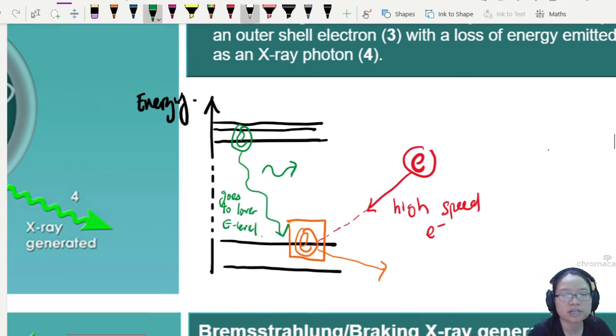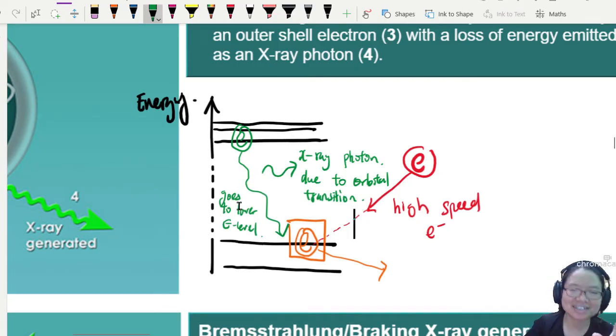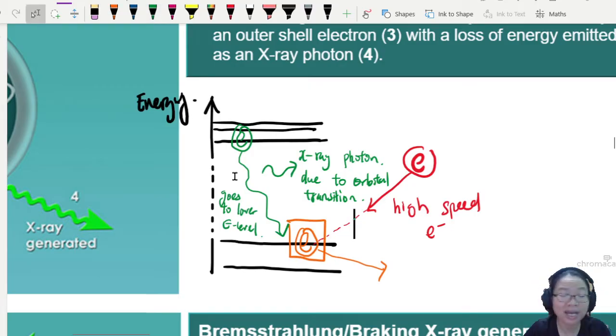This electron gets ejected, and finally, there is an X-ray photon. So this X-ray photon, due to orbital transition, is discrete, meaning there's only that transition possible because the energy levels are discrete. So that explains the line.